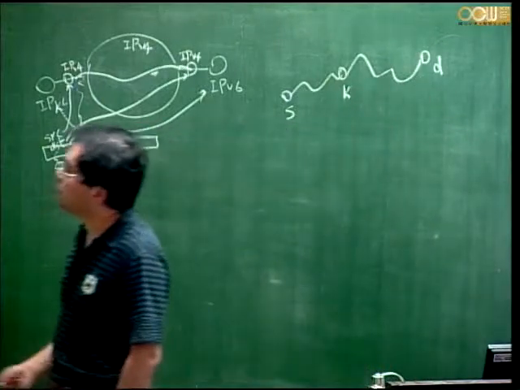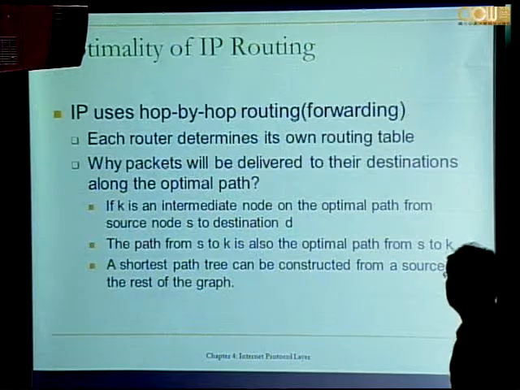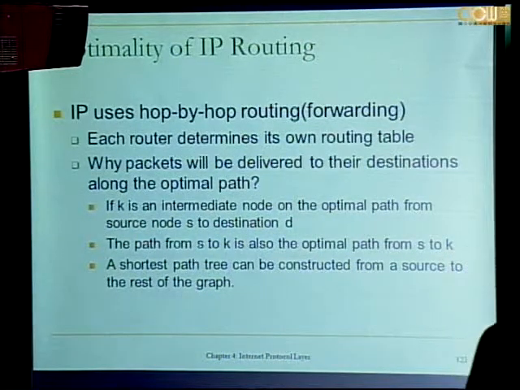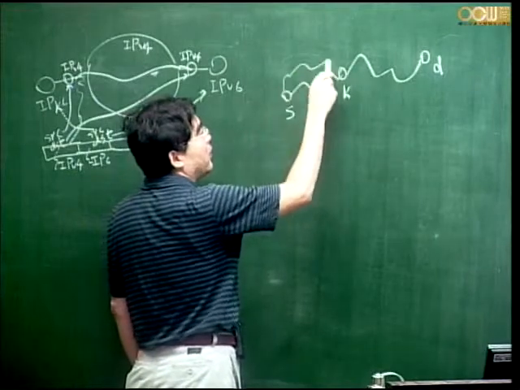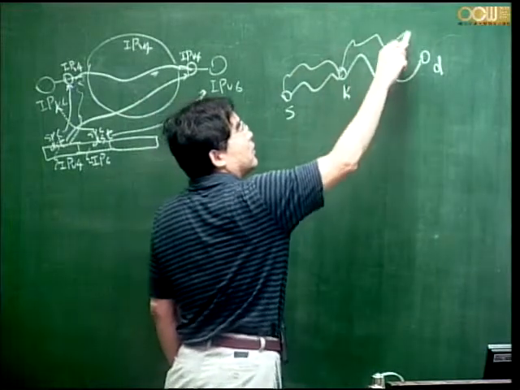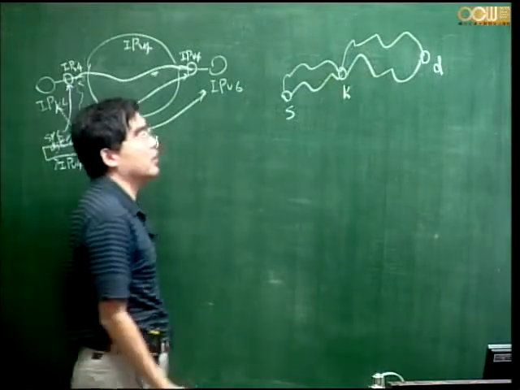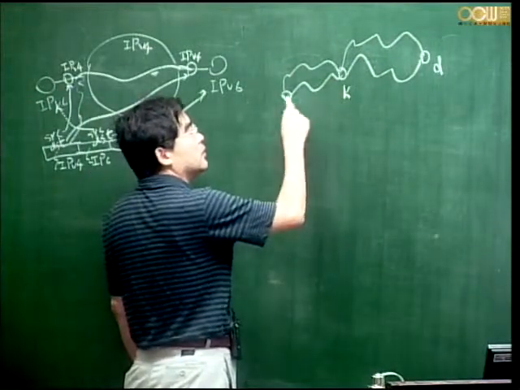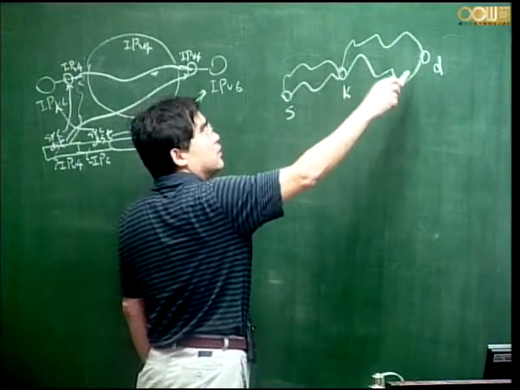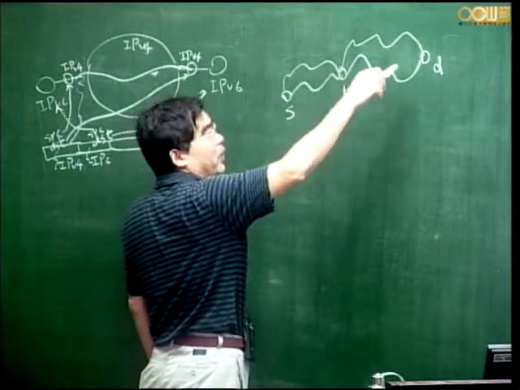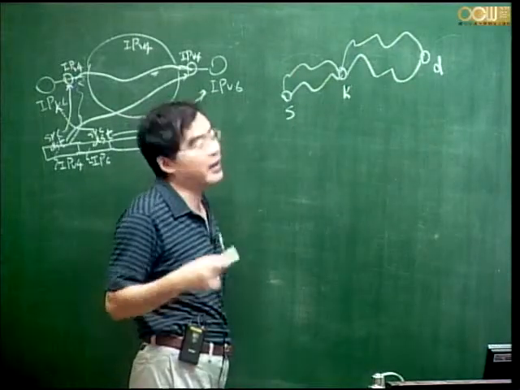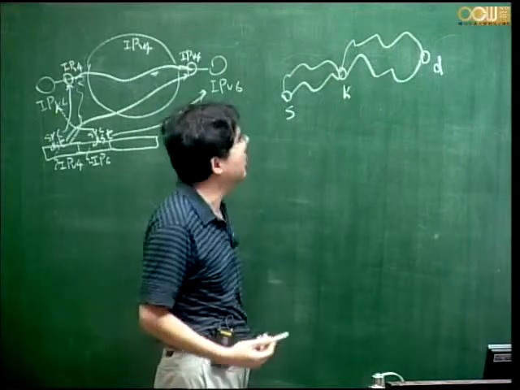Suppose we have another path here, another path here. Say this is S and D, this path is the optimal path from S to D, and K happens to be on the path.